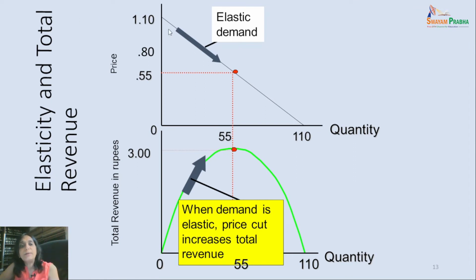If a company is in this portion of the demand curve, where it shows an elastic demand, and it reduces the price, even though the demand may decline, the total revenue, which is measured by price into the quantity sold, will increase. Every price cut will bring more change in quantity demanded. Therefore, the total revenue will increase.